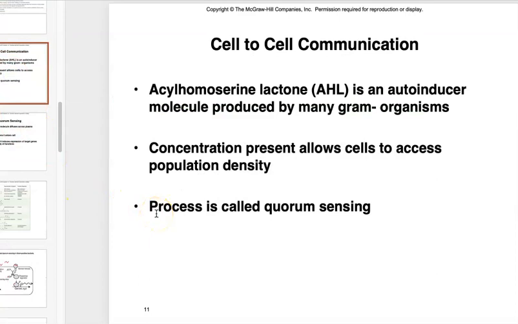So one of the big ones, and we've worked with this already in lab, is the cell-cell communication that microbes use. And it's always been really common for people to think about microbes as these planktonic loners, like fish swimming alone in a fishbowl. But they're really not.